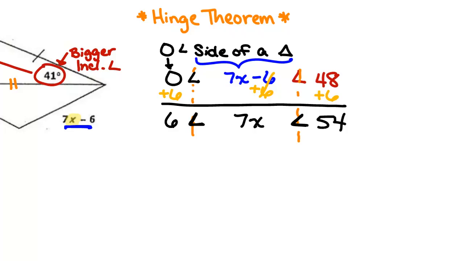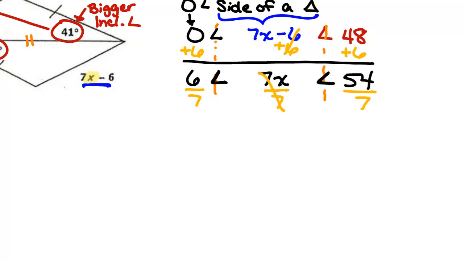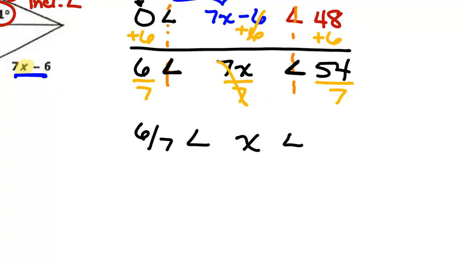Now what do I do? Divide everything by 7. If I do 6 divided by 7, is that pretty? No, so we can leave it as the fraction. 6 over 7. What about 54 over 7? Is that pretty? Also no. So I could leave my final answer like this right here.